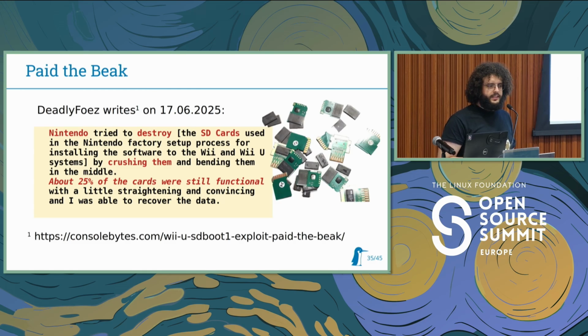They disposed of the SD cards, they bent them in the middle, they crushed them, and they threw them away. But we hackers managed to get a hold of them anyway. They physically re-straightened them, soldered stuff to them, and did a lot of hardware convincing. And finally they managed to dump the firmware from this card and get a hold of the factory bootloader.